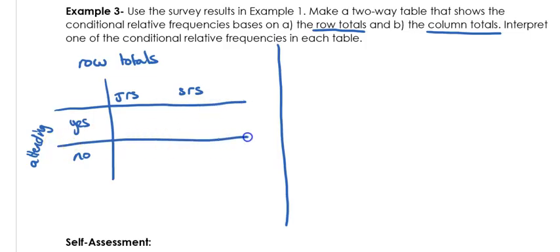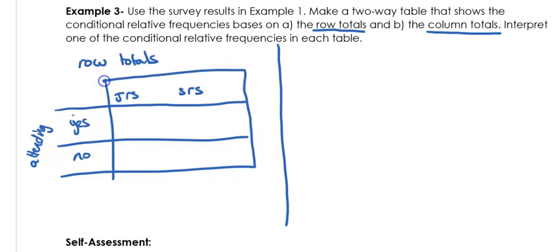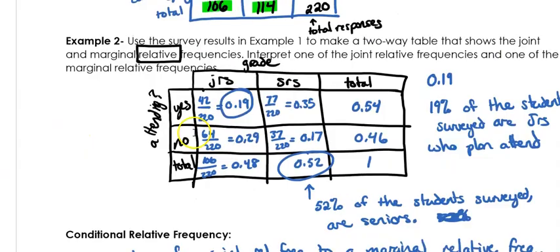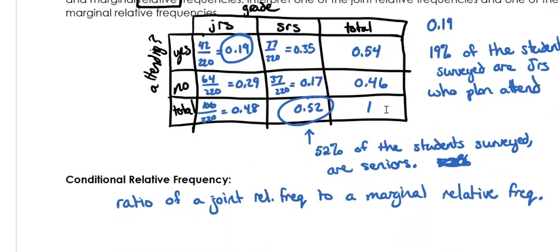I'm leaving space to write, and I do not actually need any total columns on this. If we take the number in the yes juniors, that number was 0.19, and the row total was 0.54.